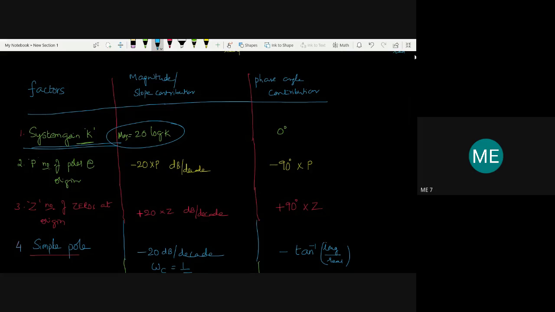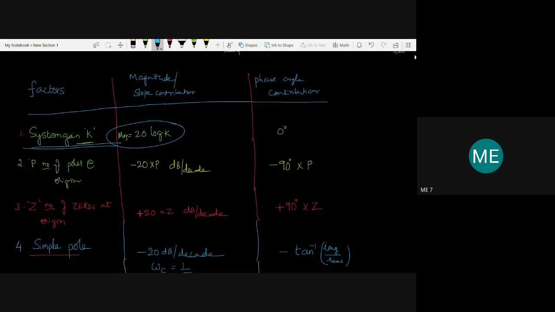Minus 20, minus 40 or plus 40, depending on the factor, we add the slopes of these lines and then plot the resultant magnitude plot. And actually, the initial Bode plot starts with the two factors.